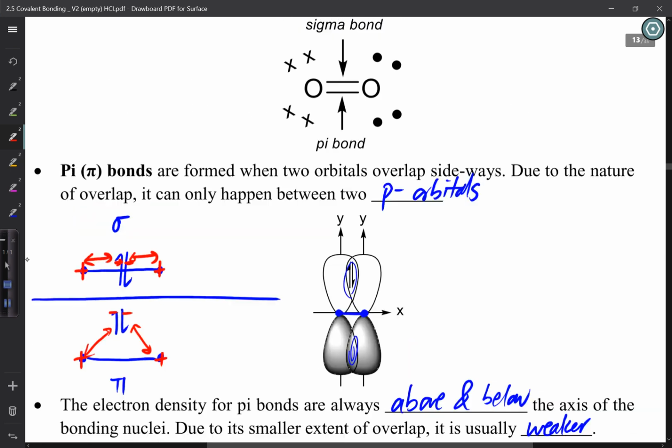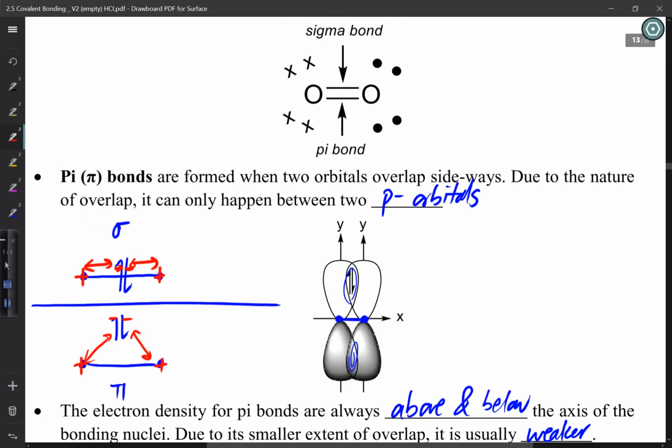So what effect does this have on oxygen? Basically for oxygen, if you supply it with enough energy, right, this pi bond will be able to be broken, whereas this sigma bond will be left intact. Why? Because, as already mentioned, a sigma bond is stronger than a pi bond. So sometimes you will provide energy, for example, in the form of light.